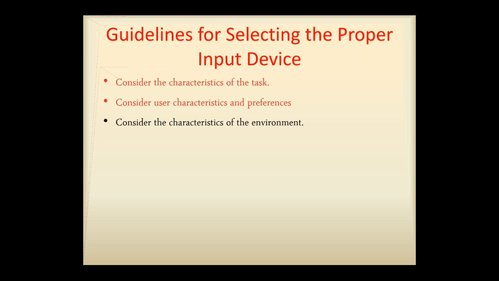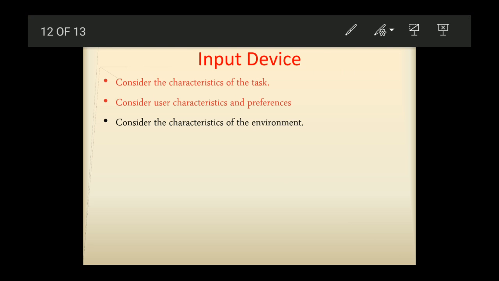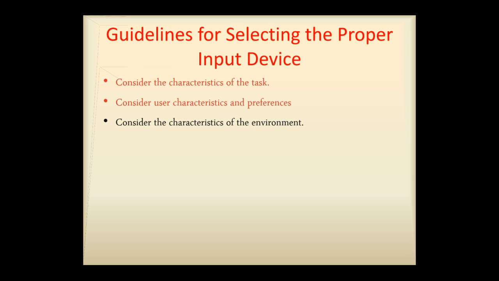Similarly, you will also have to consider the hardware characteristics, right? That is, you have to judge whether the device itself is of a quality that permits easy performance of all necessary tasks.